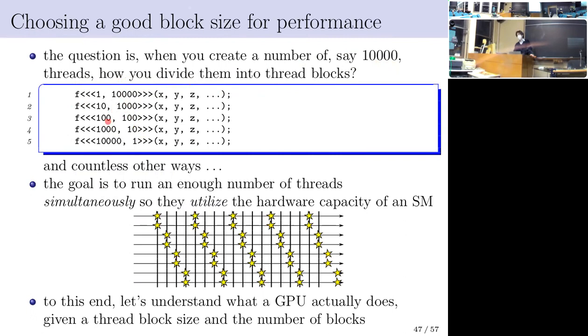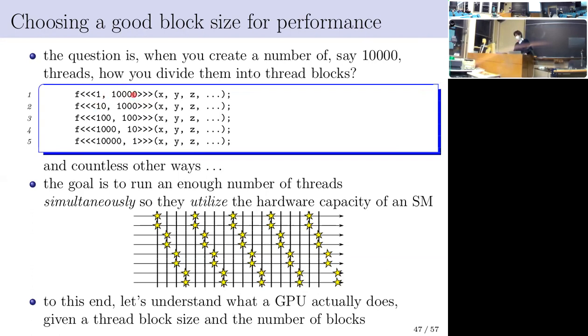There are so many ways you can do that, right? You can have only a single thread block that has 10,000 threads inside. Well, it is actually impossible. There's some hard limitation about the size of the thread block, but just for the sake of discussion.